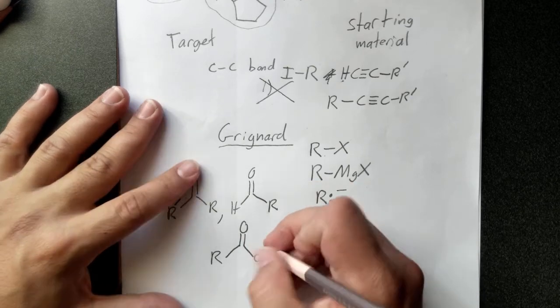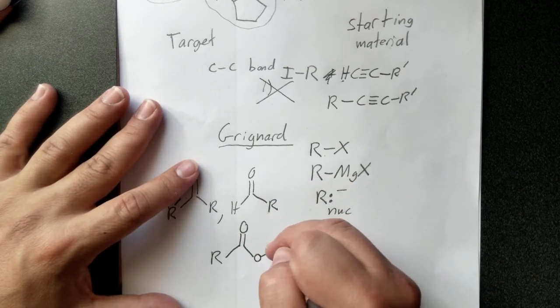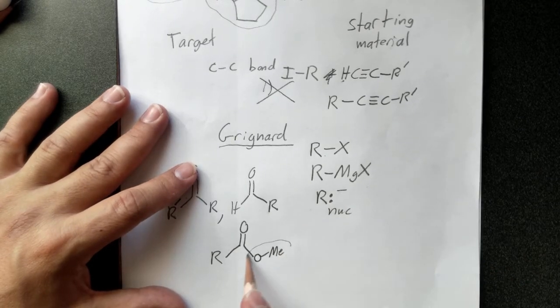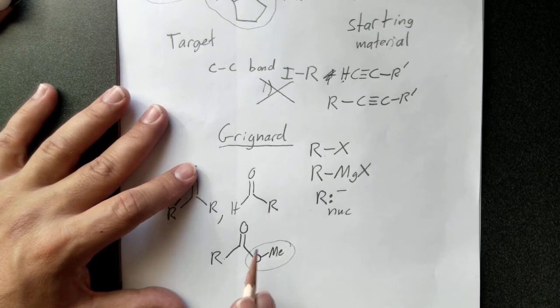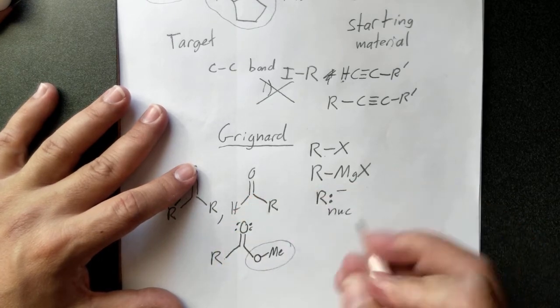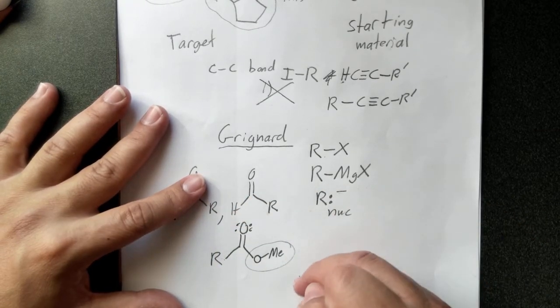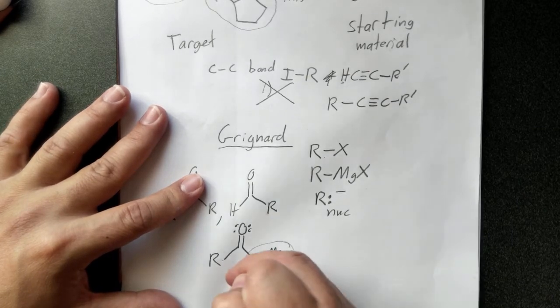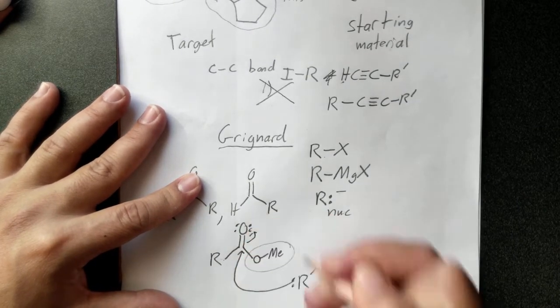can react. And in the case of the ester, and so this could be Me, it doesn't really matter, because what's going to happen is this falls off. In the case of the ester, we actually add the Grignard R group twice, if you don't remember, because the mechanism is that the Grignard reagent, we'll call it R prime in this case, attacks the molecule twice.